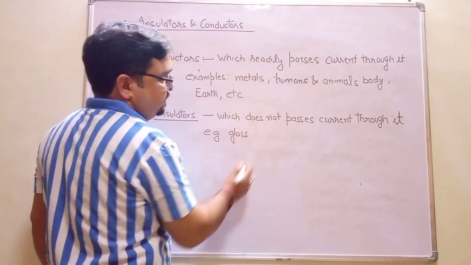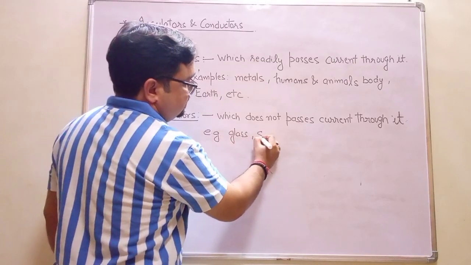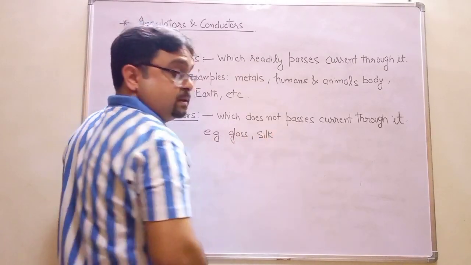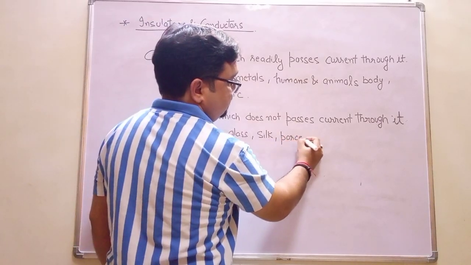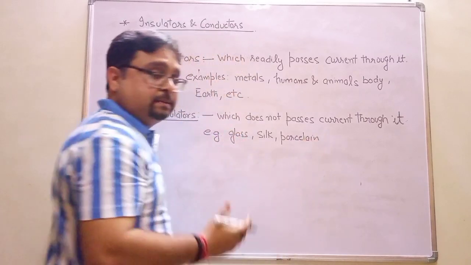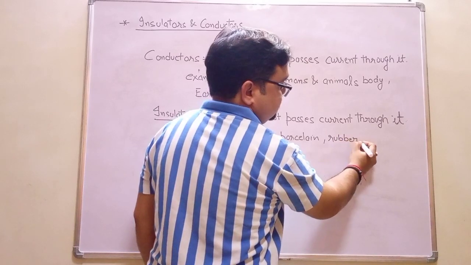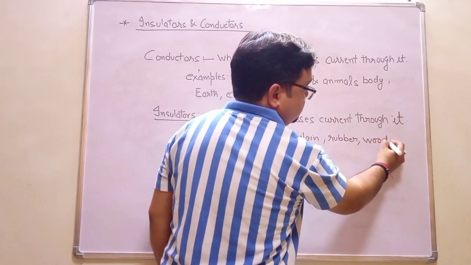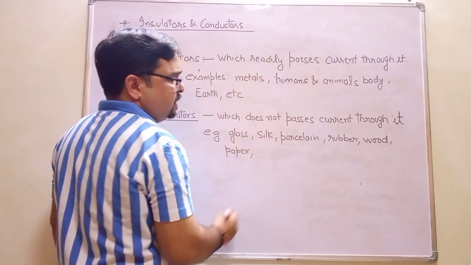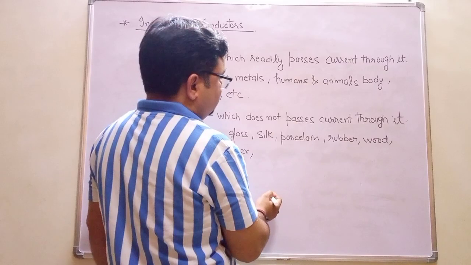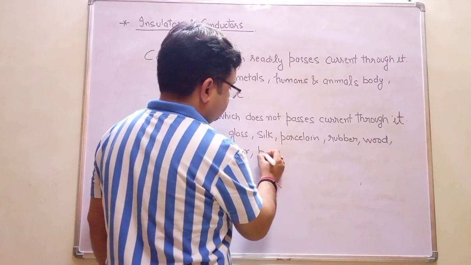glass, basically all non-metals. Glass is there, silk is also a bad conductor of electricity, porcelain is a bad conductor of electricity, rubber, wood, paper, and other examples are also there, like we have plastic.